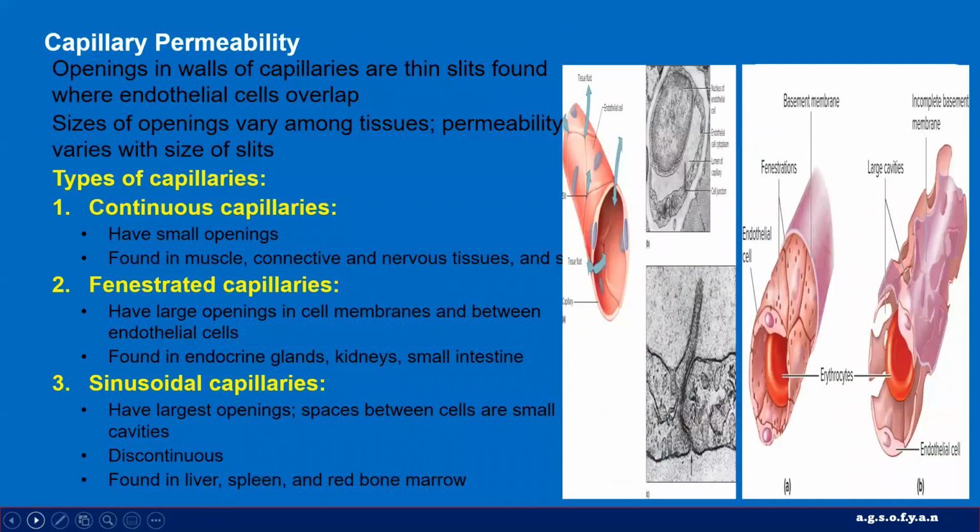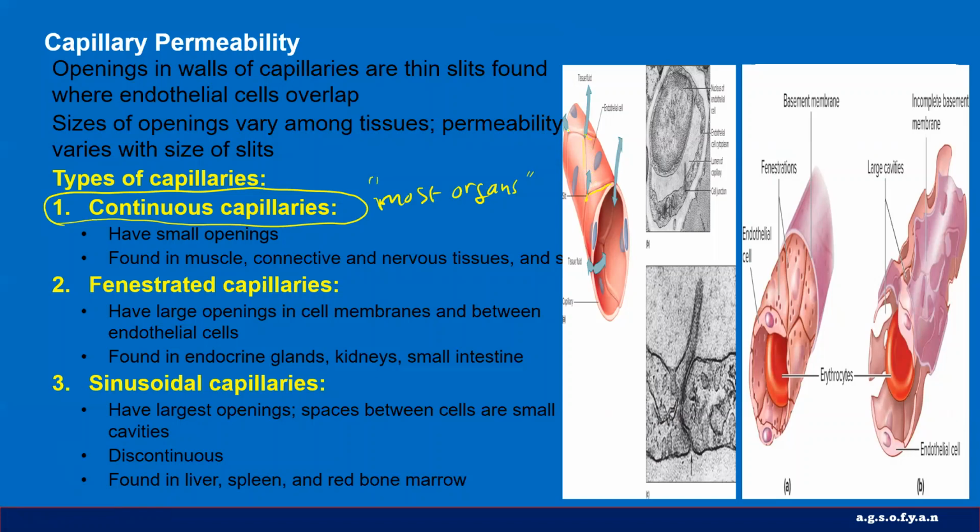Now, there are three types of capillary. The first one is called the continuous capillary, and this is present in most organs. Most capillaries of our organs will have this type, continuous capillary. The continuous capillaries don't have many holes.